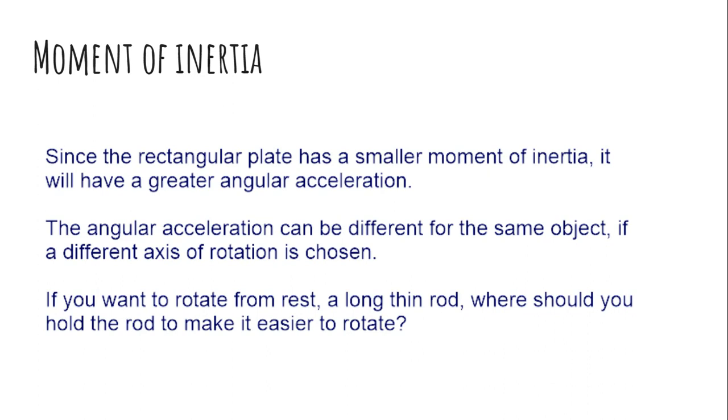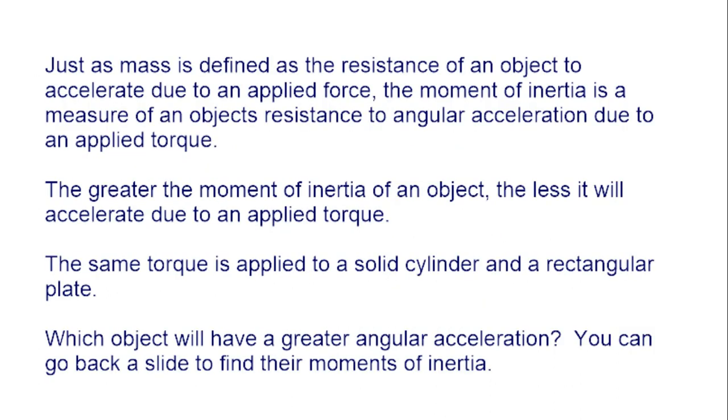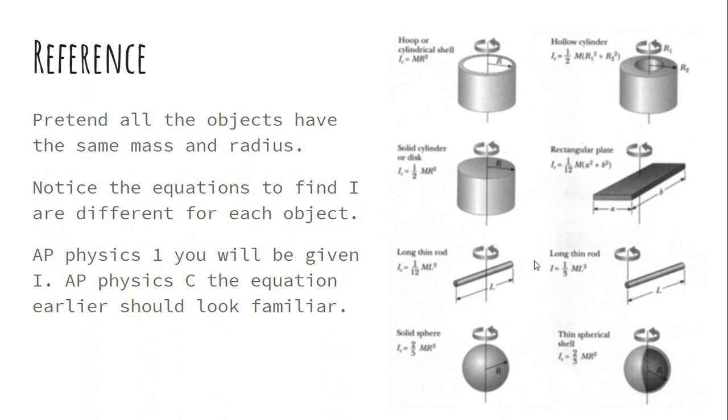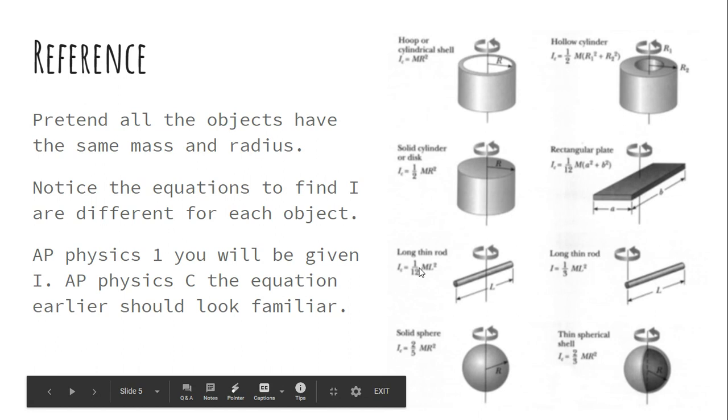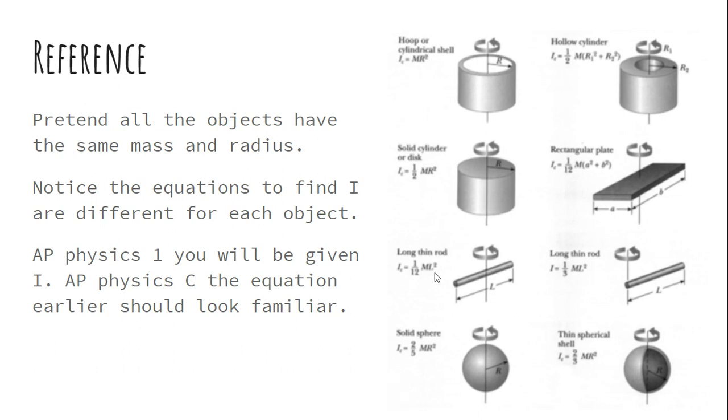You want to figure out which one has the smaller moment of inertia, which is going to be the position where you're rotating in the middle instead of the end. That makes sense because at the end you have to move the whole rod, while in the middle you're just moving half the rod over here. You can see this is 1/12 of your mass times your length squared, and this is 1/3 times your mass times your length squared.